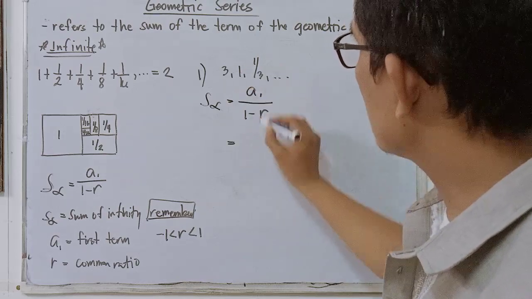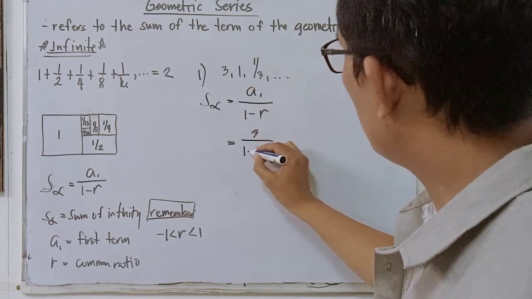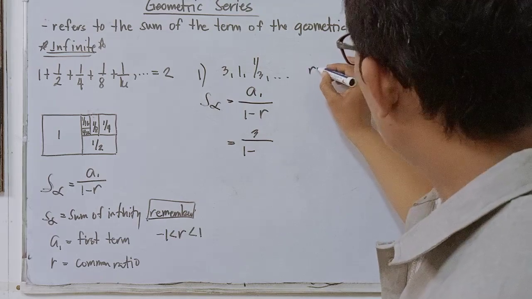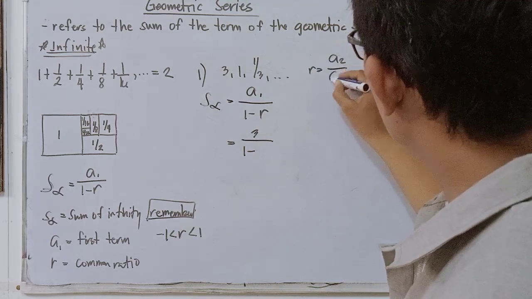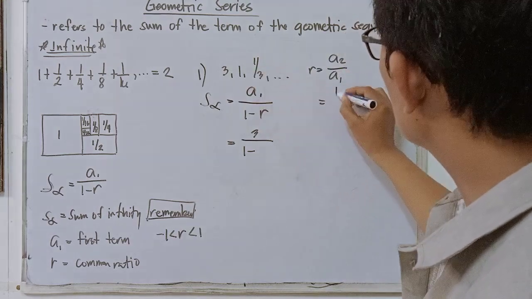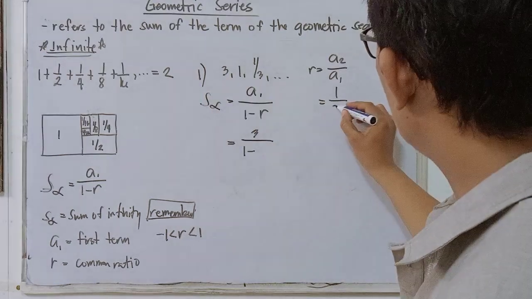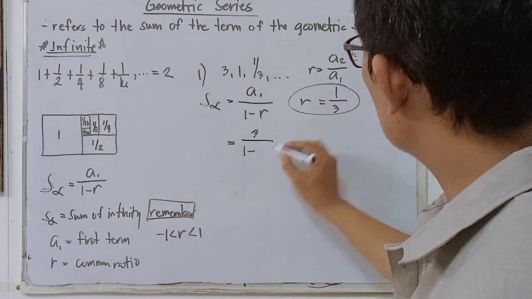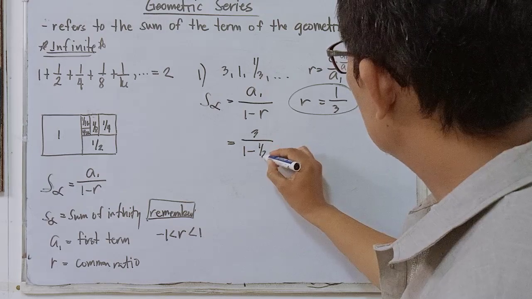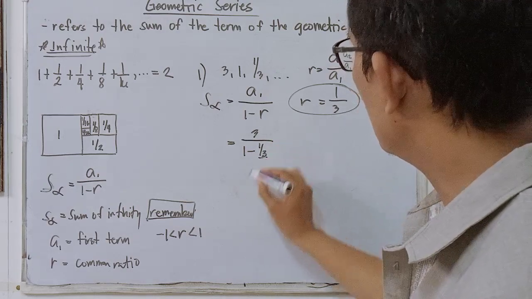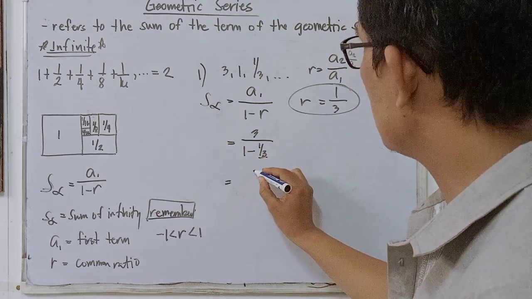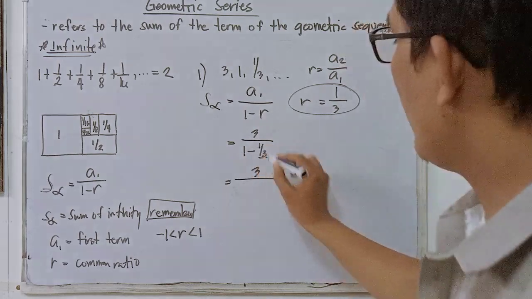So our a sub 1 is 3. 1 minus the common ratio, r, which is equal to a sub 2 over a sub 1. A sub 2 is 1. A sub 1 is 3. Therefore, our common ratio is 1/3. So this is minus 1/3.